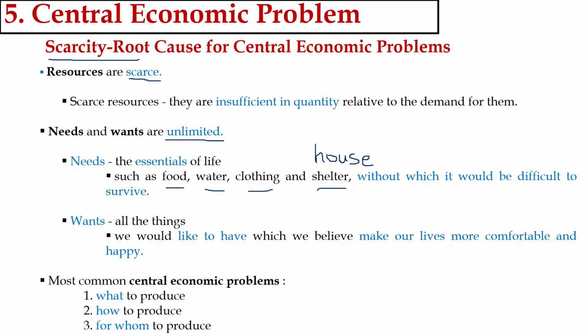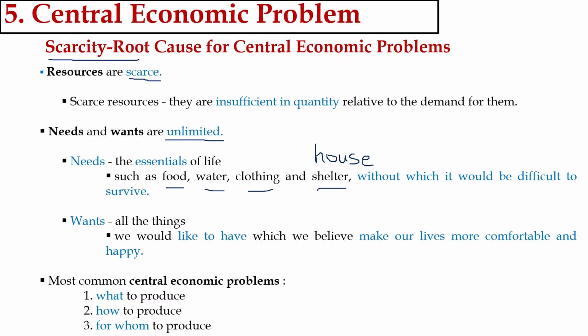Whether a rich person, a billionaire having lots of money, he or she cannot live without water. If a rich person doesn't get water for 5 days, can he survive? Can he live? No. He needs food.